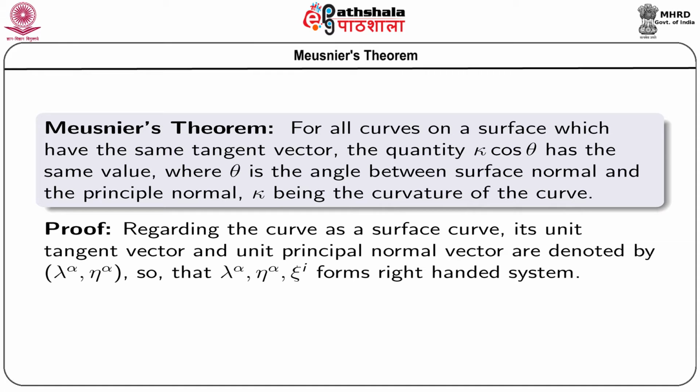So, lambda alpha are the components of the unit tangent vector and eta alpha are the components of the unit principal normal vector.